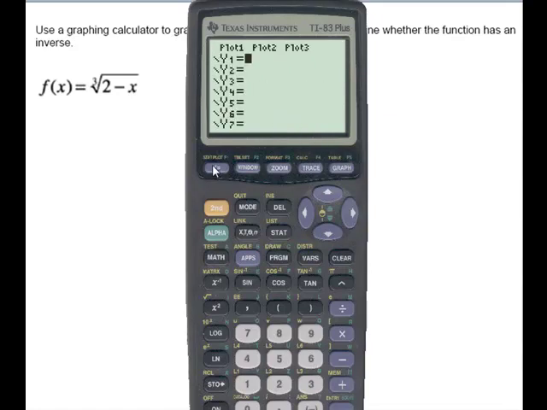All right, so I'm going to do y equals a cube root. So I have to go under the math menu. Number 4 is a cube root of 2 minus x, close parentheses, and enter and graph.